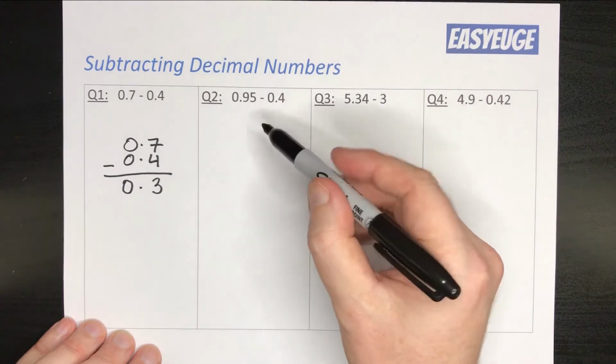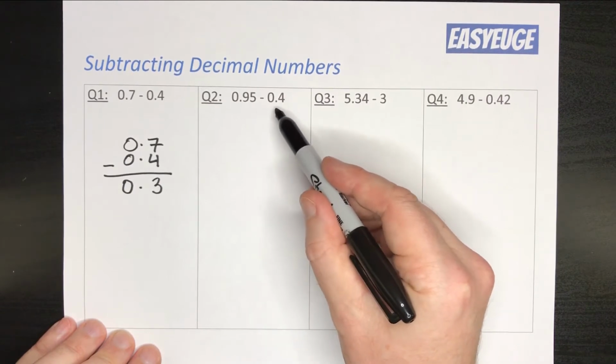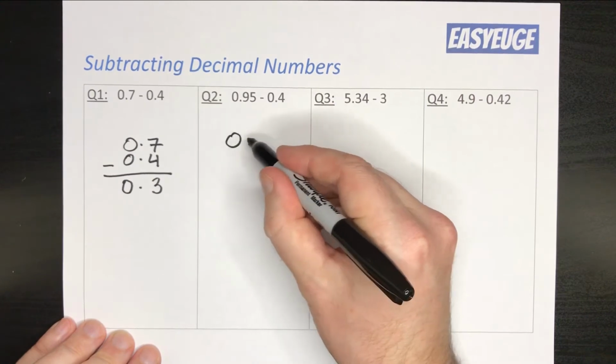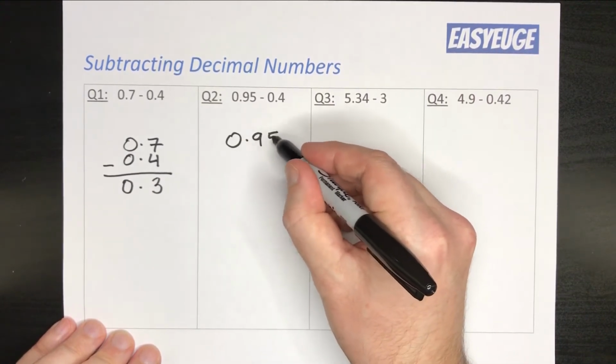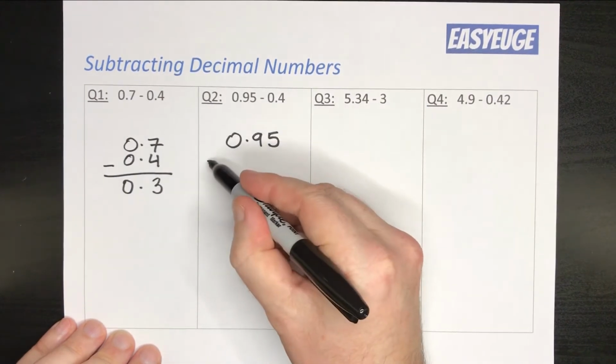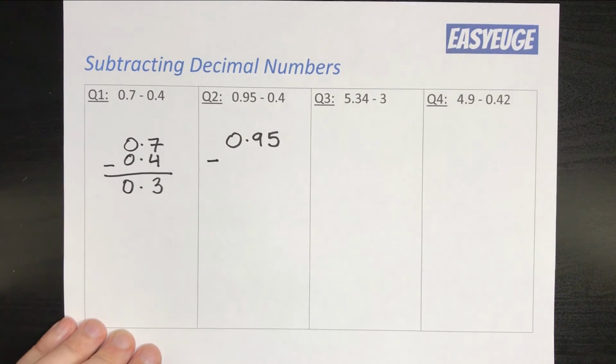So let's make this a little bit more tricky. What would you do with this one? 0.95. Subtract 0.4. Well, the first thing we do is write down the first number, 0.95. And we are going to subtract 0.4. Remember to keep the decimal points stacked above each other.